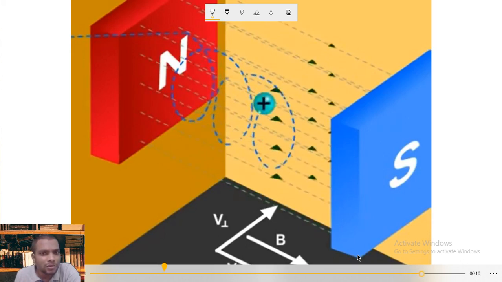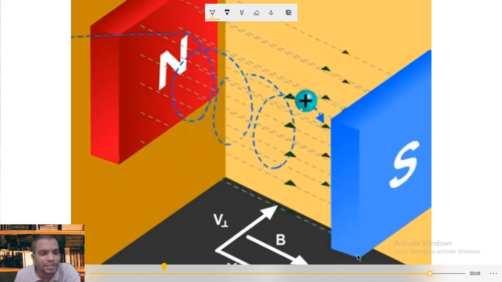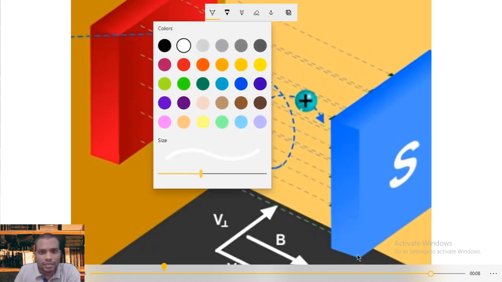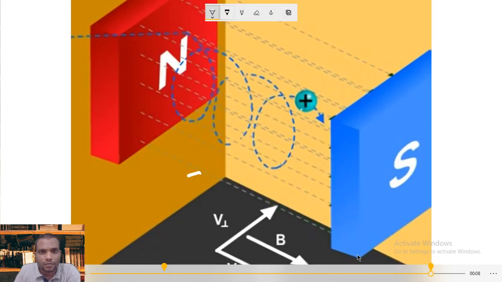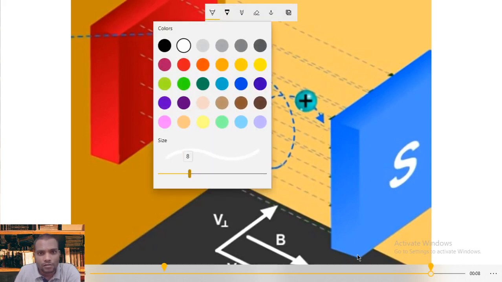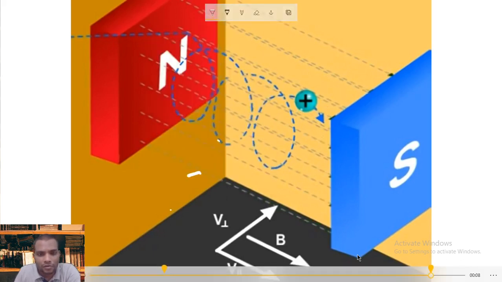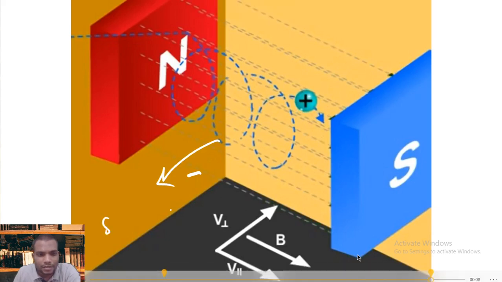Here you can see the motion is a spiral, not a circular one. So we can say it's a spiral motion, and this is also one of the natural phenomena that I will discuss later.